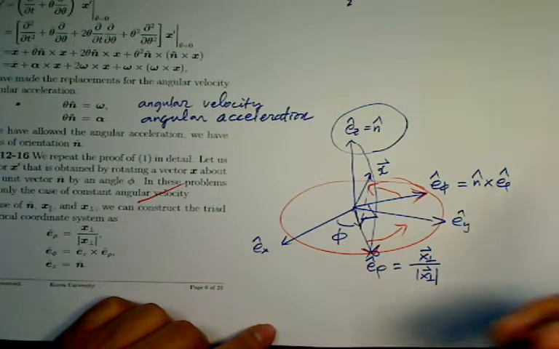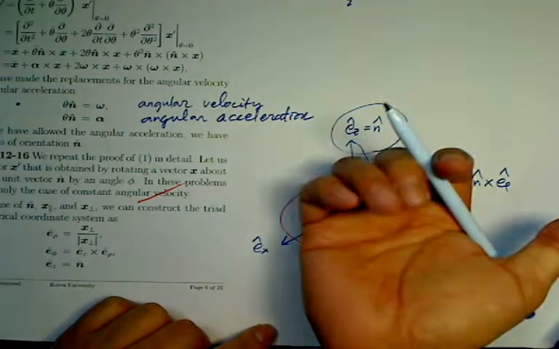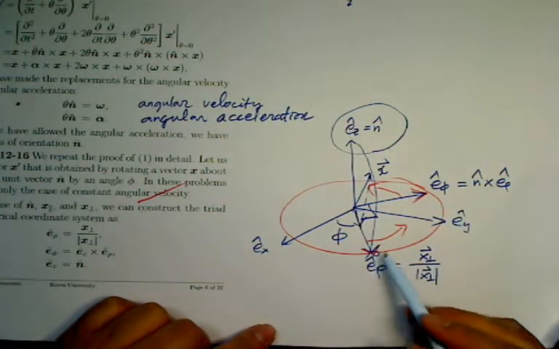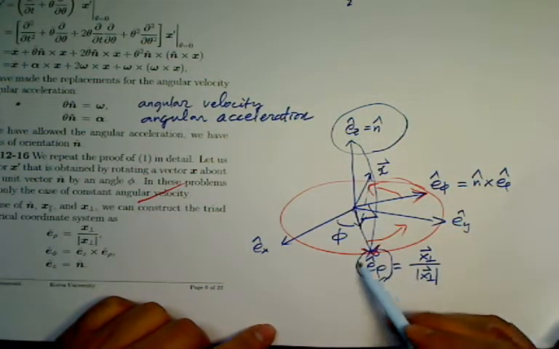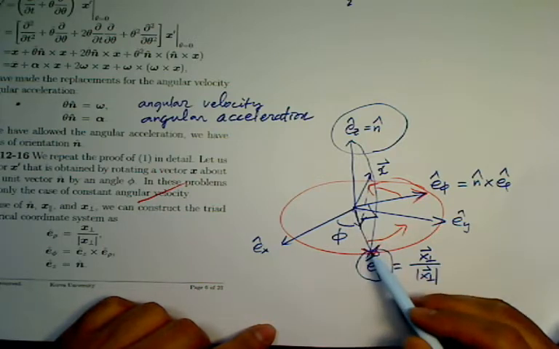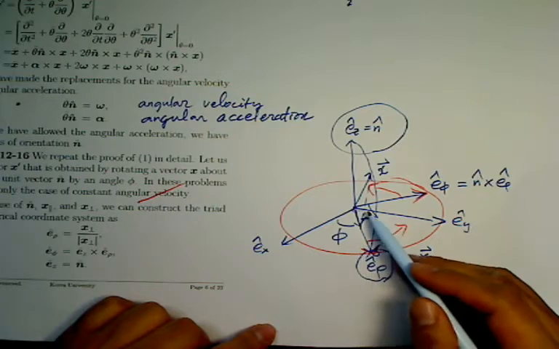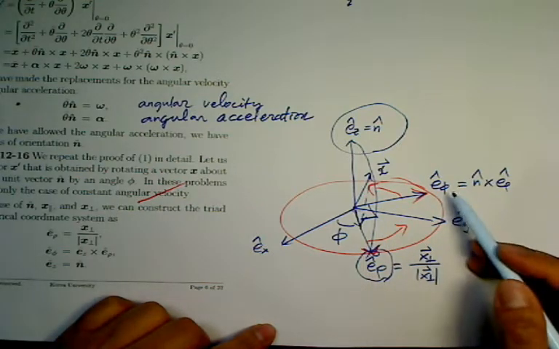And we have another component, z n hat cross e rho, where e rho is the lever arm direction. This is the x perpendicular direction. The cross product with this e rho will be this one.